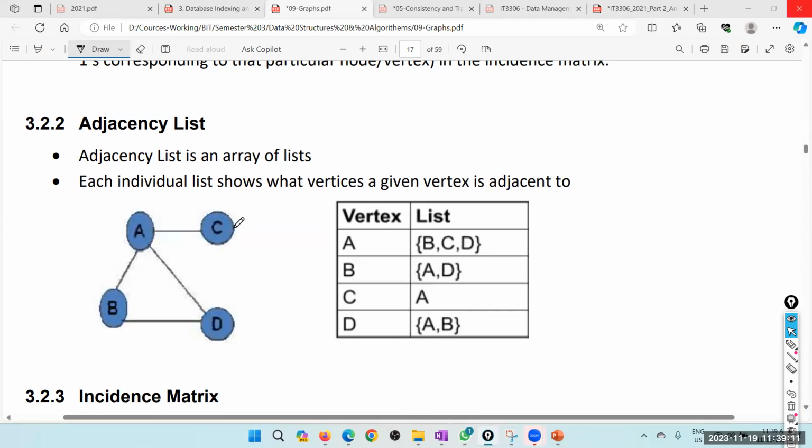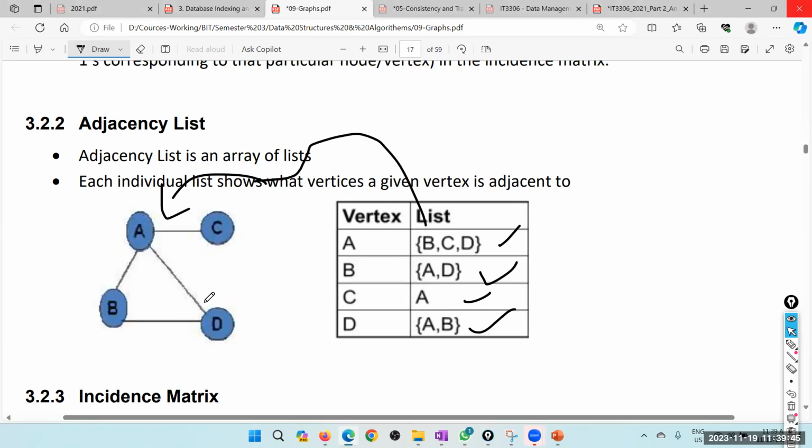So A is connected to B, C, and D. B is connected to A and D. C is connected to A, and D is connected to A and B because it's bidirectional or unidirectional. That is called an adjacency list. And again, when an adjacency list is given, you must be able to draw the graph also, both ways. Given a graph, write the list. Given the list, draw the graph. Okay.